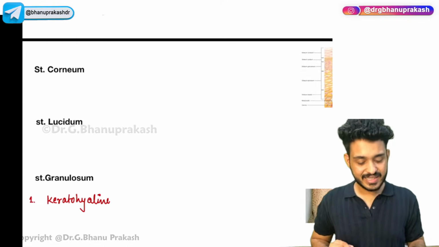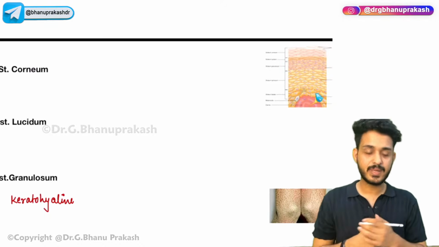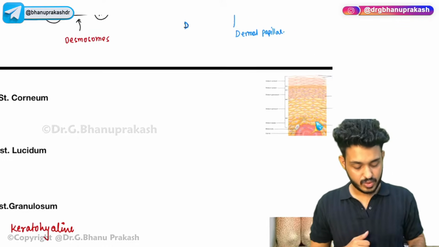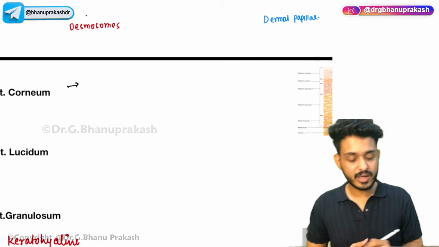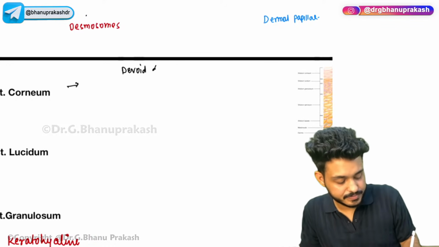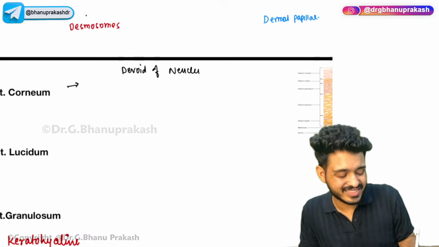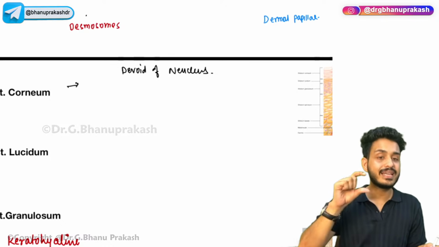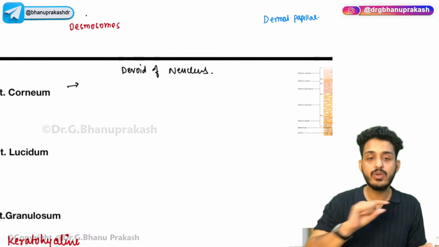So we will be discussing the peculiar features that have been asked in your examination from these particular layers. First of all, we are having the stratum corneum. First thing that we already know is that it is devoid of nucleus. So there will be no presence of nucleus. If there is no presence of nucleus, the layer will be pink. There will be no blue structure.